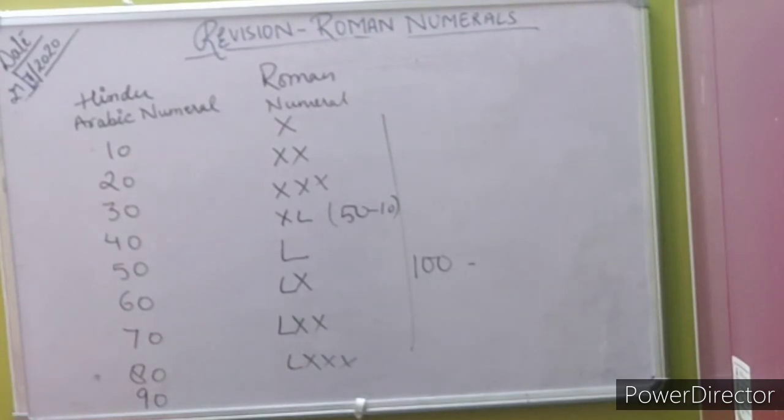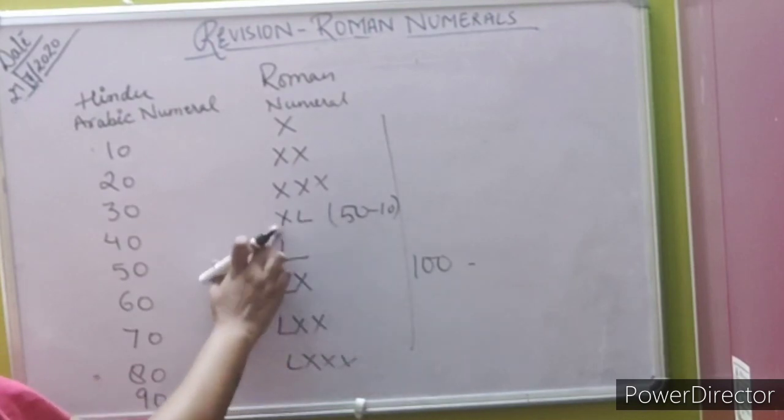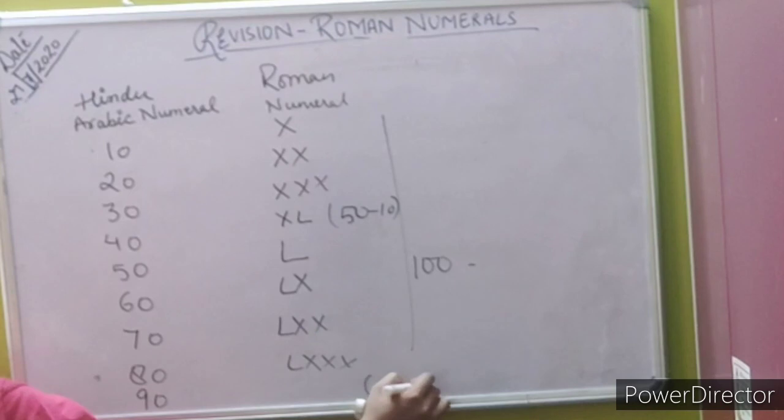Now again 90, LXXXX, it is not possible. So no numeral can be repeated more than 3 times. So see property number 3, as it is like 40. 50 minus 10 is 40. Here 100 minus 10 is 90.